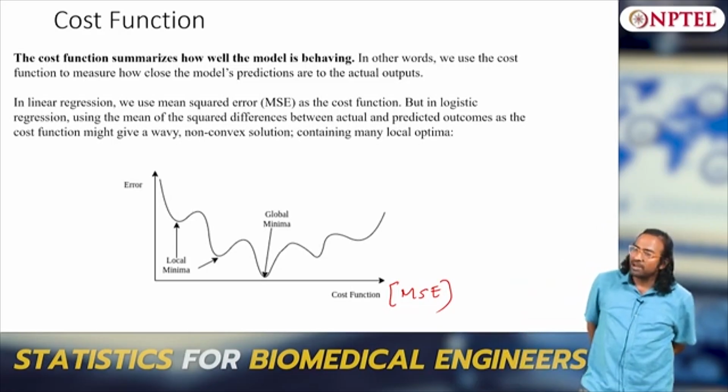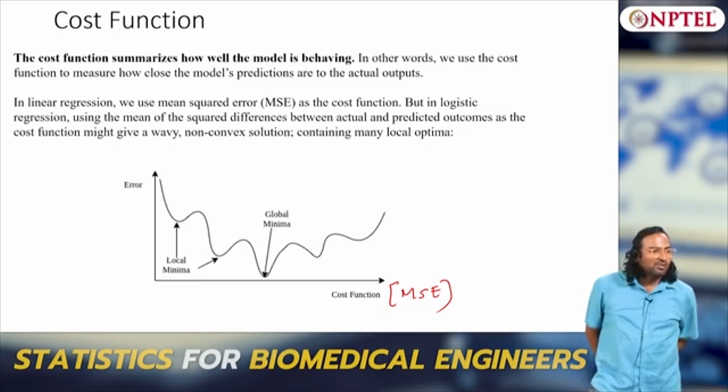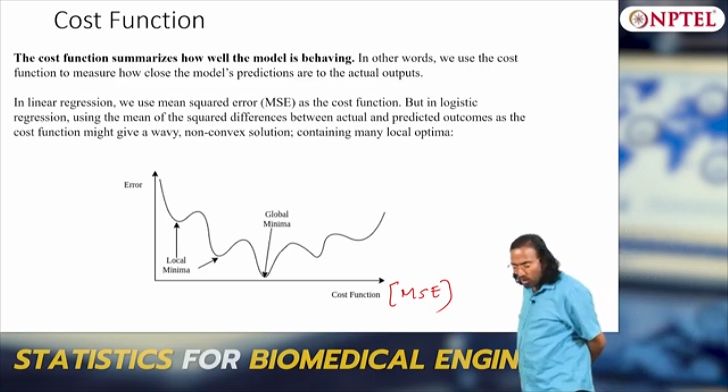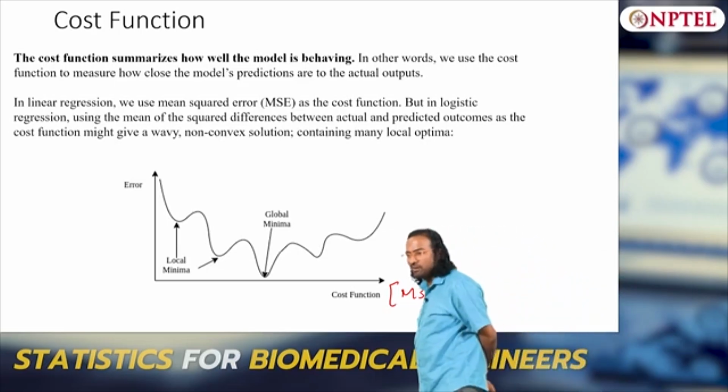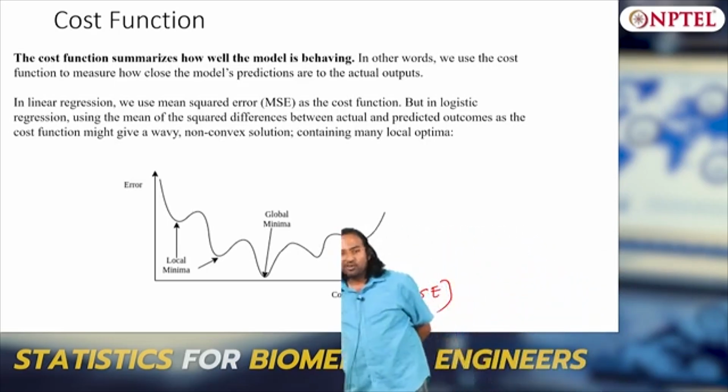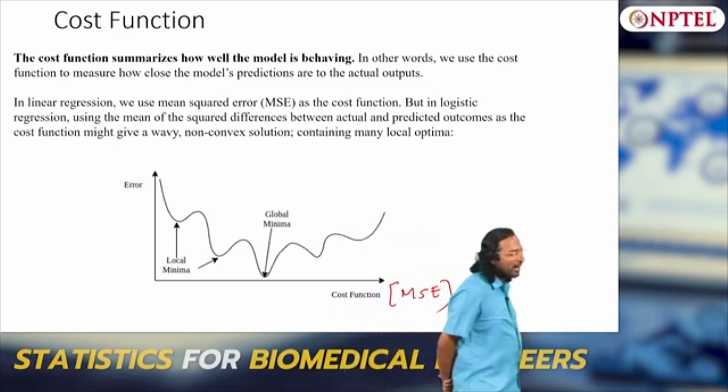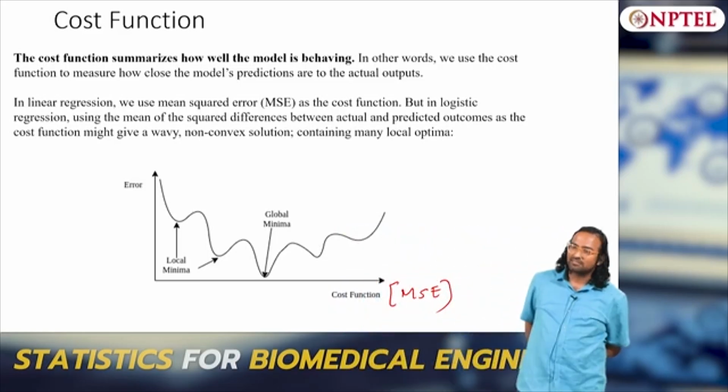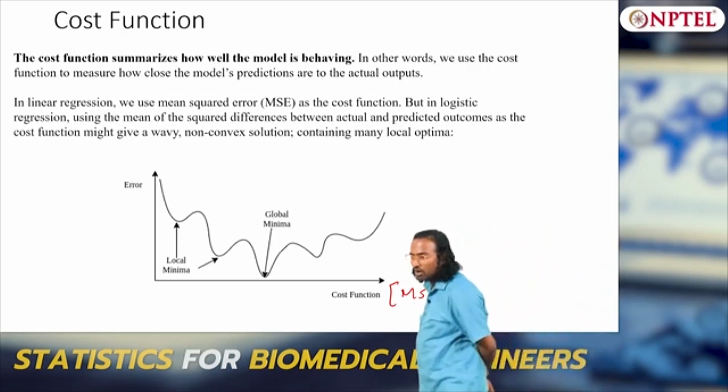You will have many local minimas along with the global minima. So you do not want this kind of function. You do not want to use mean squared error to minimize.